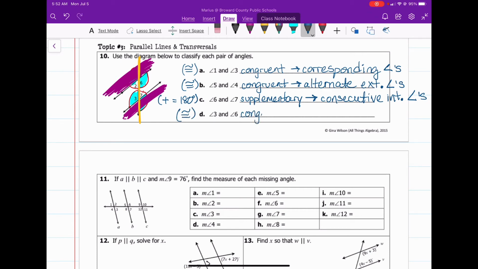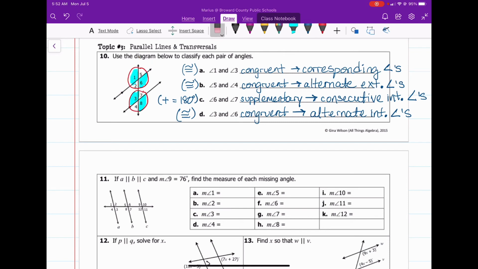I kind of alluded to this when we were doing C, but these are called alternate interior angles. Alternate interior angles are congruent, and they have to be on the inside of the parallel lines, but on opposite sides of the transversal.